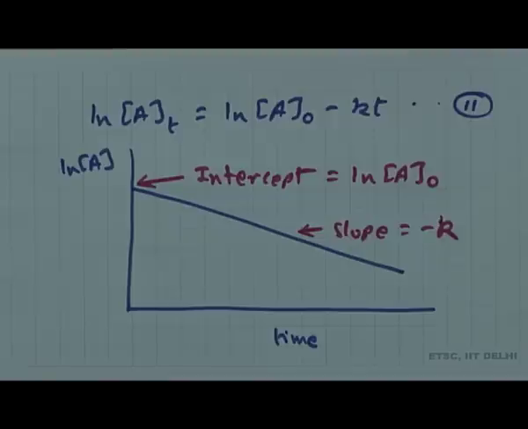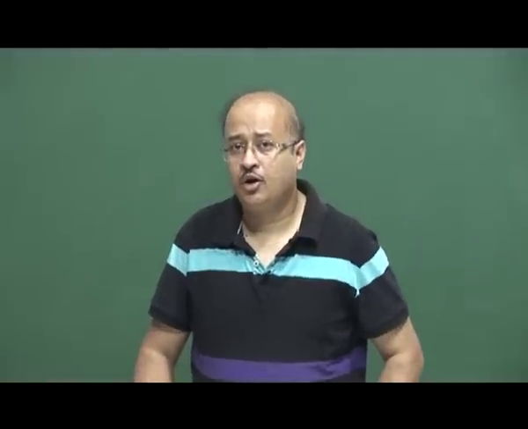So, this is how you get the rate constant for a first order reaction if you plot it like this. Okay. The other way of saying this is the signature of a first order reaction.